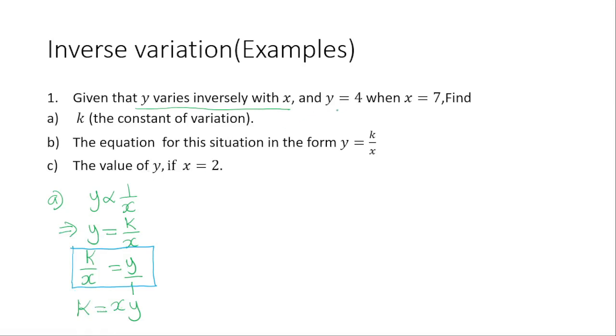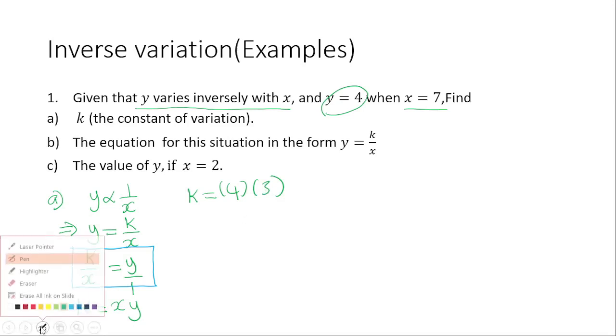Now, in the question, you've been given y to be equal to 4 and x to be equal to 7. So we substitute those values, and what we have is 4 and a 7.